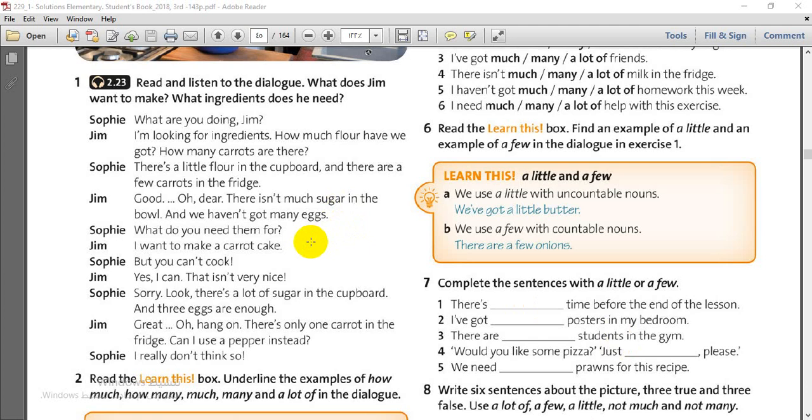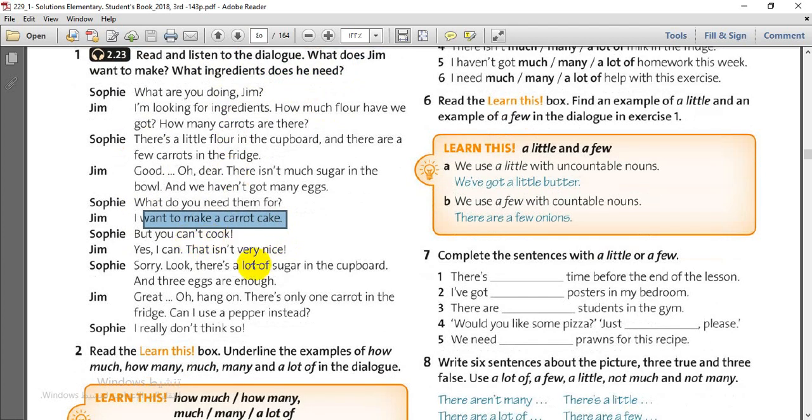Now the question was here, what does Jim want to make? He wants to make a carrot cake. What ingredients does he need?